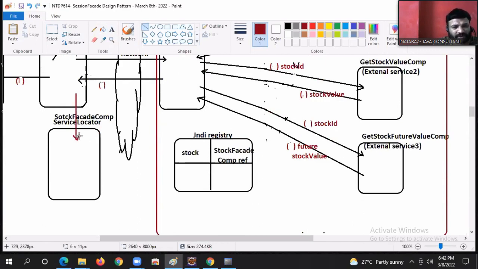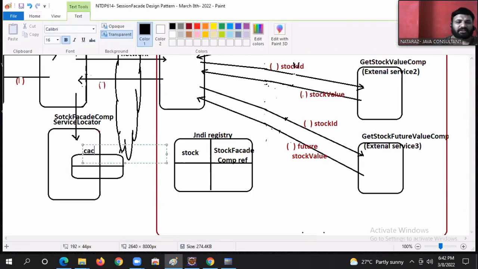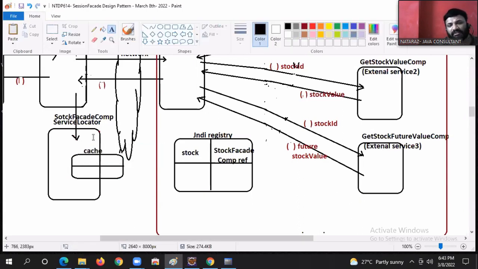Service locator checks with the internal cache. Service locator checks with what? Internal cache. Cache, guys. Here it is having a cache.